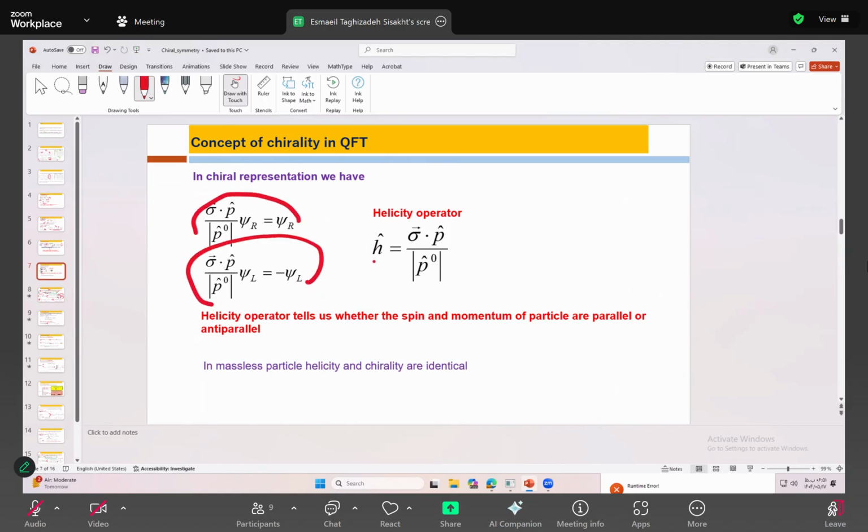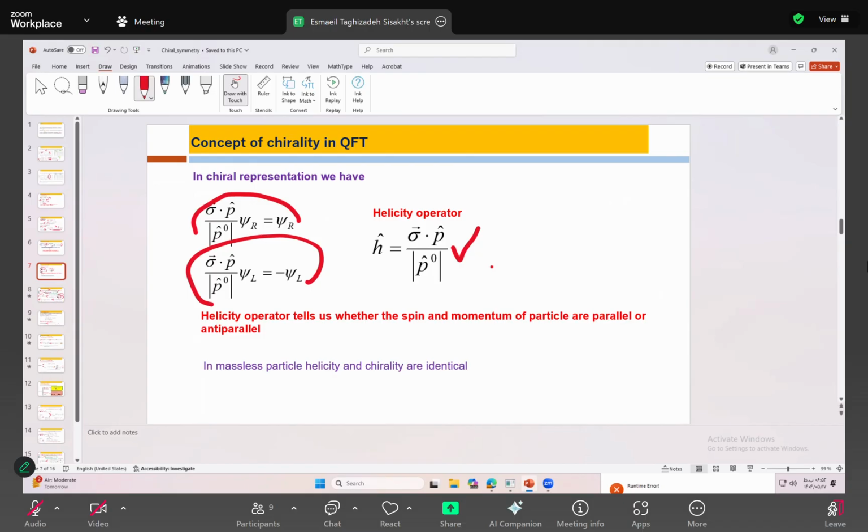So if we define a new operator called the helicity operator, which has this form, then in the massless limit, this helicity operator and the chiral operator gamma 5 that I defined show the same behavior from the point of view of eigenvalues and eigenvectors.